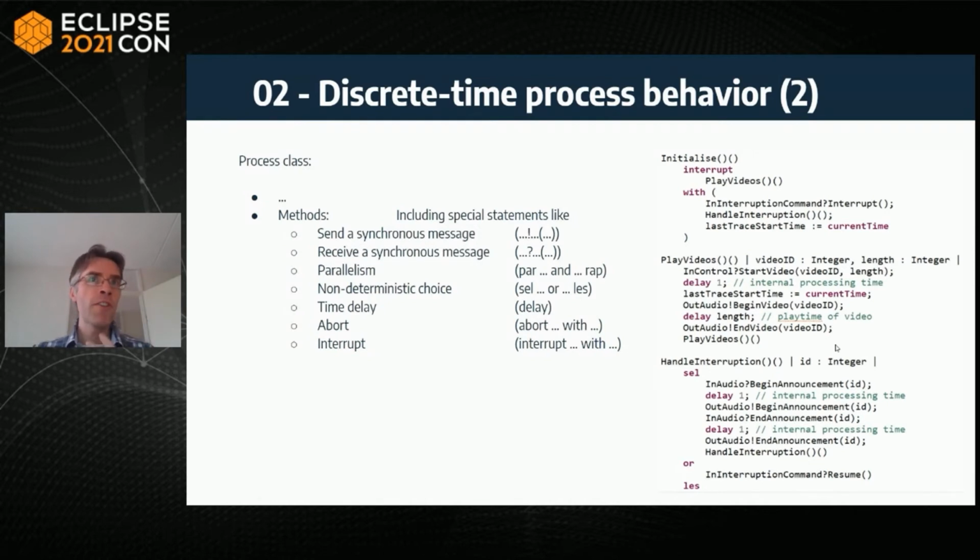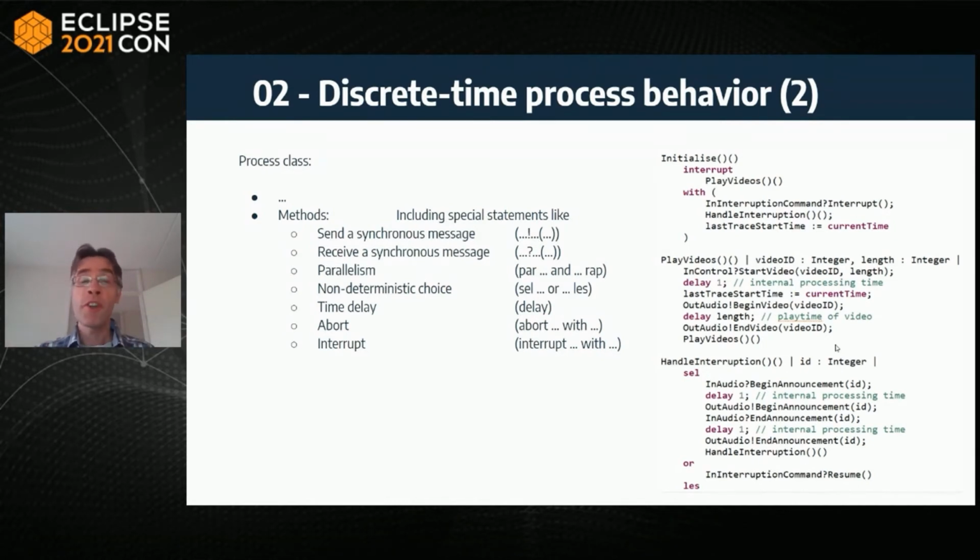So first of all, there are statements for sending and receiving messages, and we use exclamation marks and question marks for that. We also have a built-in notion for parallelism. So you can really specify, okay, these fragments, do them in parallel, and that's just using the keywords par and rap. It's not more complicated than that.